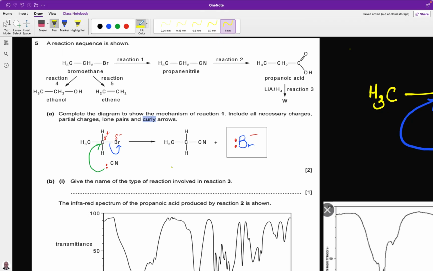Therefore, in this question here, carboxylic acid is being reduced to a certain compound W we don't know. From our discussion, if it is propanoic acid, it will be reduced to its corresponding primary alcohol, which will be propan-1-ol.